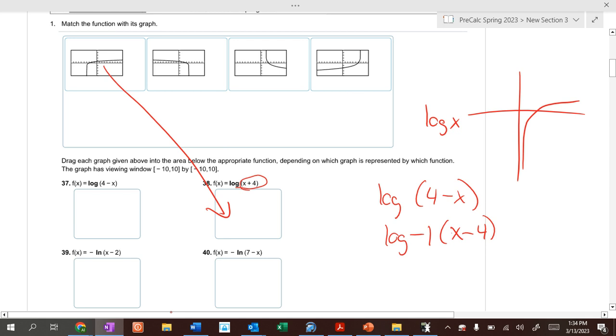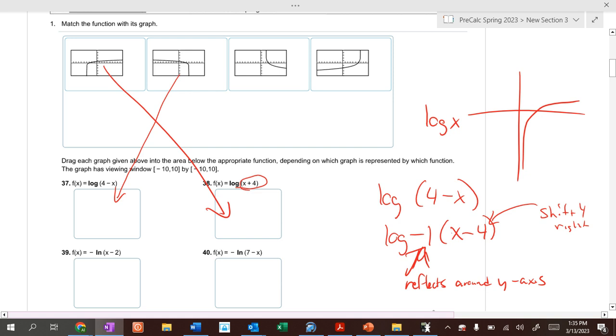It's a horizontal shift, which basically reflects it around the y-axis. A negative 1 pulled out reflects around the y-axis. What does this minus 4 do? Shift 4 to the right. Okay, so this one reflects around the axis and is shifted 4 to the right from the original one.